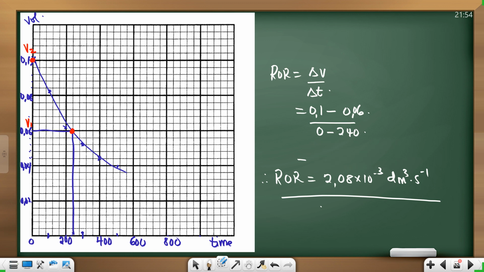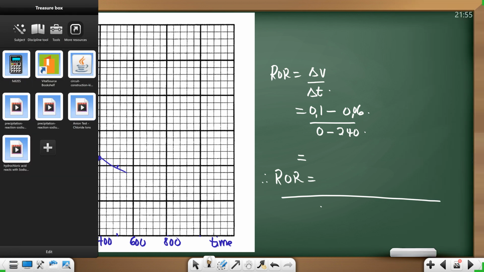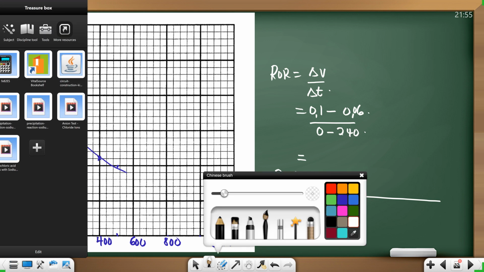Guys, what's the answer here? But whatever we do, do not leave that answer as a negative. 0,1, it's 0,06, I think. All right, over negative 240. We'll still have negative 1,67 times 10 to the power negative 4.